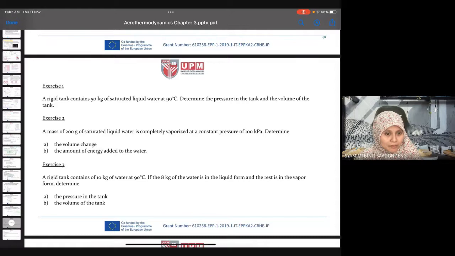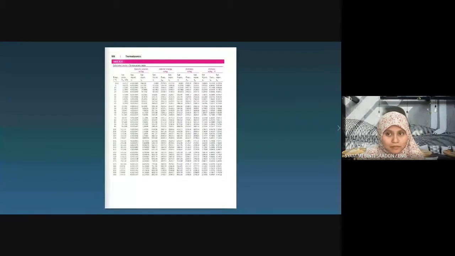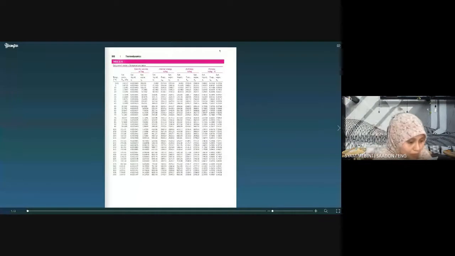Okay, look at the table. So a rigid tank contains 50 kilogram of saturated liquid water at 90 degrees Celsius.